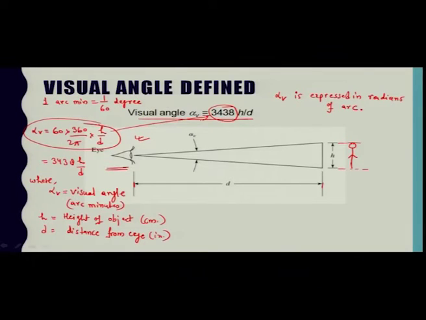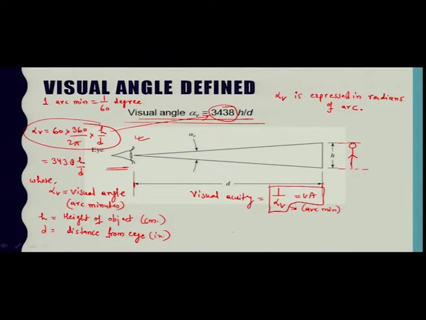So in this way this visual angle has been calculated, and visual acuity is defined as the reciprocal of the visual angle, expressed in arc minute. So in equation form you can take it as VA.